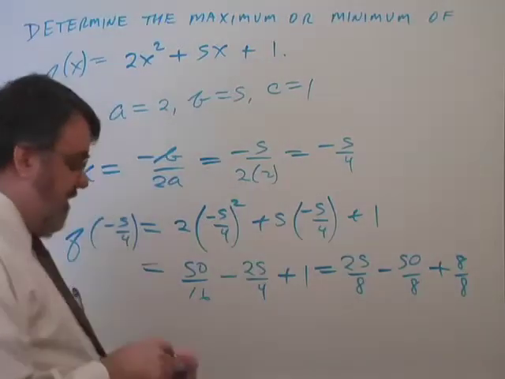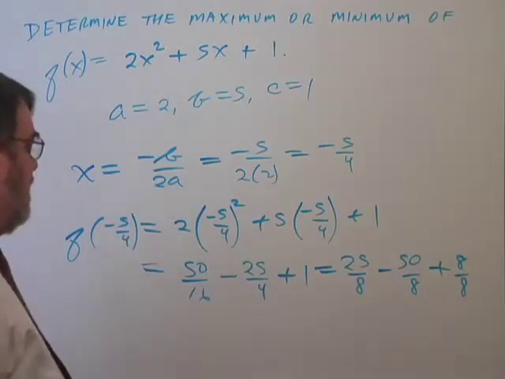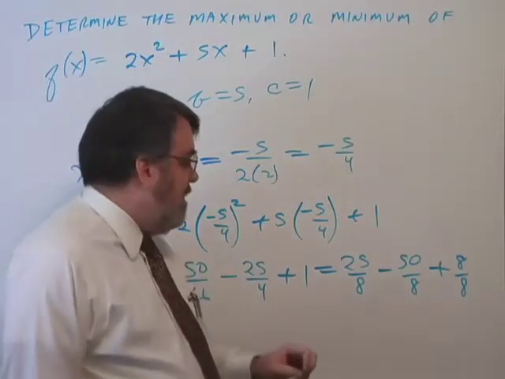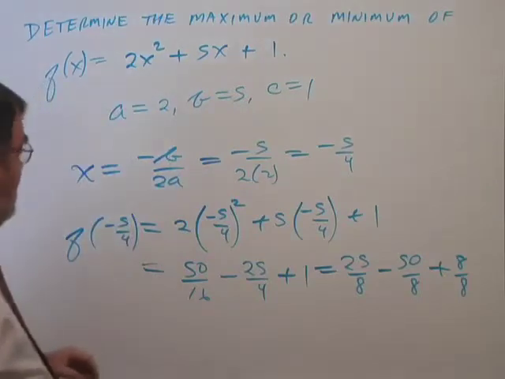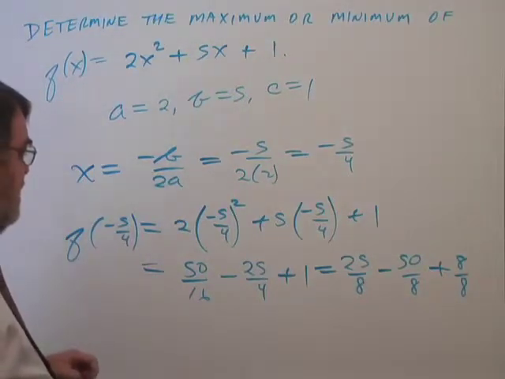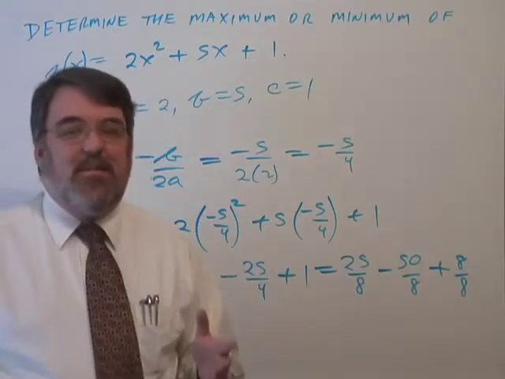And by the way, we seem to notice this a lot. When you plug these numbers in, it looks like this number is half of that number, and they have opposite signs. It seems to be a pattern that you see on these quadratic functions.